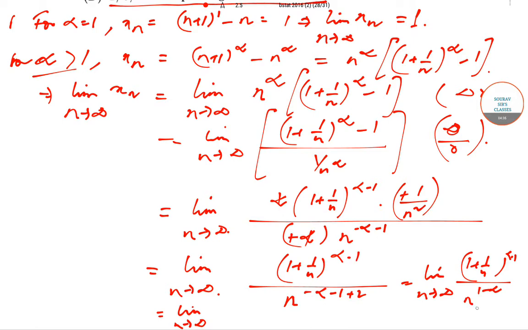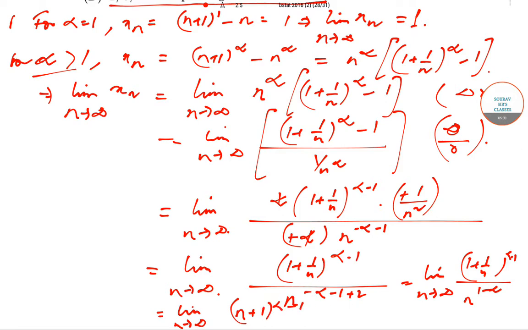If we take this n to the power 1 minus alpha to the top side, then it will become n to the power alpha minus 1. So n to the power alpha minus 1 into (1 plus 1 by n) to the power alpha minus 1, in total we can write as (n plus 1) to the power alpha minus 1.